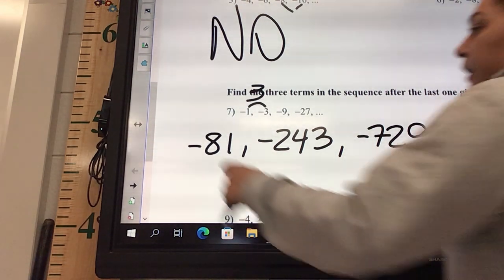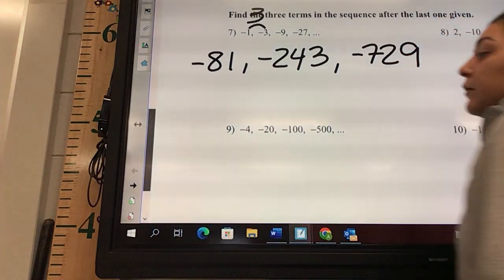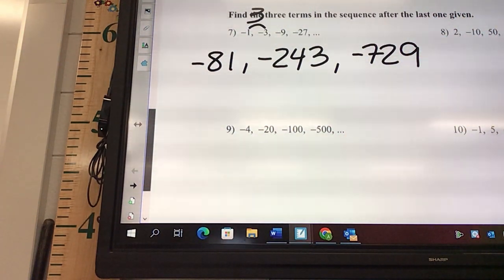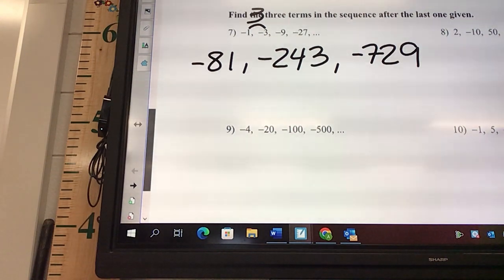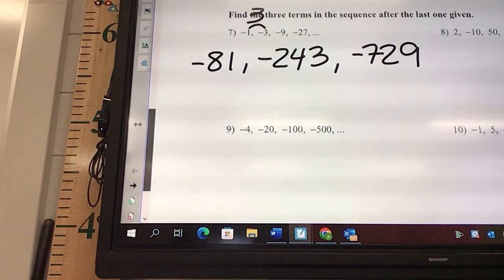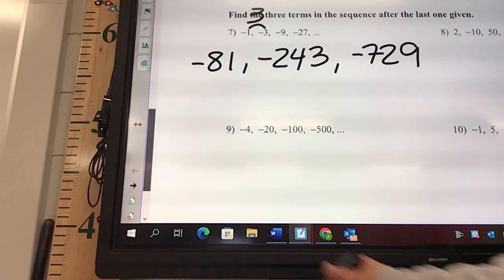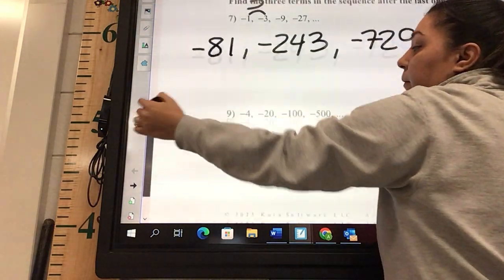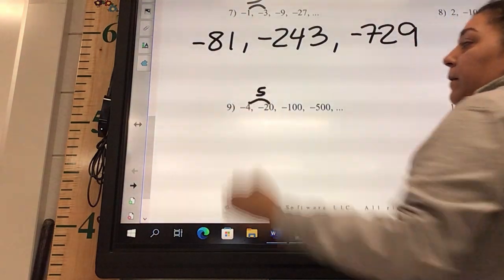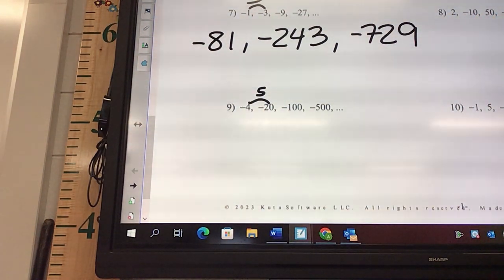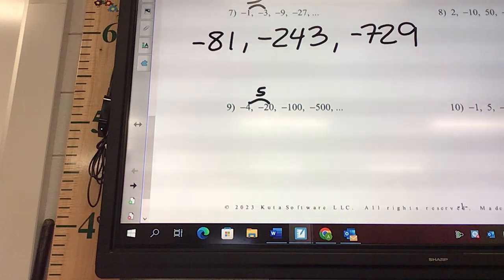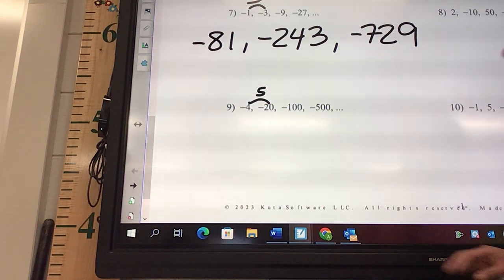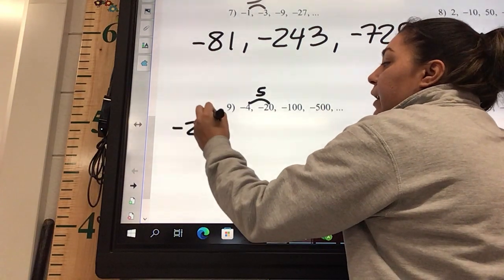Okay, look at 9. What is the common ratio? 5. Negative 4 times 5 is going to give us that negative 20. Okay, so negative 500 times 5. 2,500.